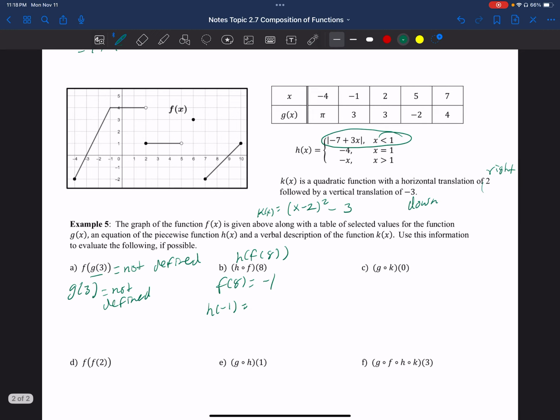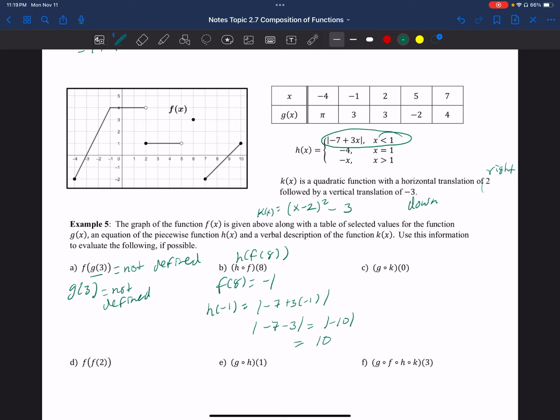So it's going to be the absolute value of -7 plus 3 times -1. So do the inside first, so that will be -7 minus 3, which will be the absolute value of -10. Don't forget, when you take the absolute value of a number, it's always positive. So the absolute value of -10 is going to be +10.